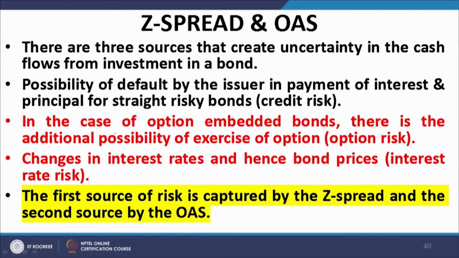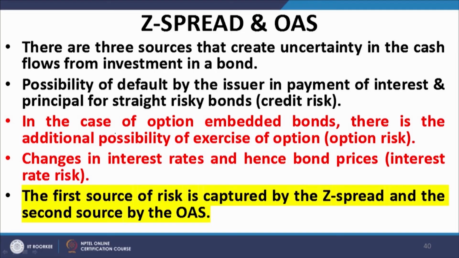Changes in interest rates, or the prospect of changes in interest rate during the life of the investment in a fixed income security, also give rise to a certain amount of risk, that is called the interest rate risk. The issue of interest rate risk I will talk about in a lot of detail in subsequent lectures. For the moment, let us focus on credit risk and optionality risk, that is point 1 and point 2. The first source of risk is captured by the zero volatility spread or the Z spread, and the second source of risk is captured by the option adjusted spread.